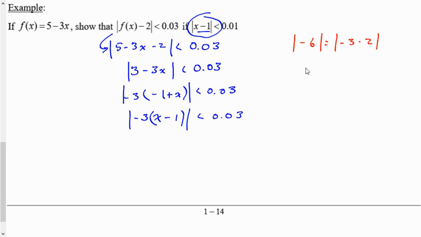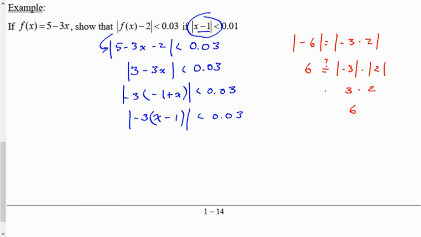But could I separate this product and say, well, this is equal to the absolute value of -3 times the absolute value of +2? Well, absolute value of -3 is +3. Absolute value of +2 is +2, which is 6. So yes, these two sides are equal.